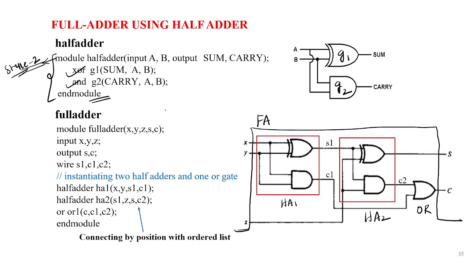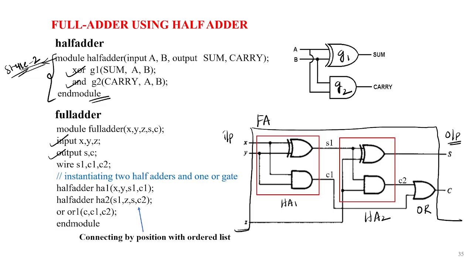So how to write it? Module full adder, this is style 2. Port declaration: the inputs are X, Y, Z, and the outputs are S comma C. So I need to declare input X, Y, Z, output S comma C, and the intermediate variables S1 and C1 and C2.